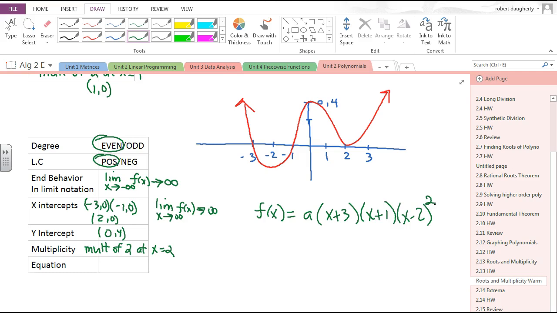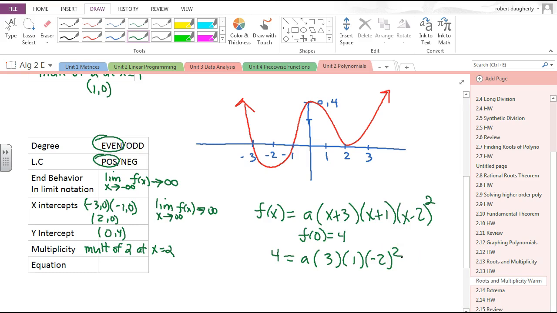Use the y-intercept. f of 0 is equal to 4. So that means that 4 has to equal a times 3 times 1 times negative 2 squared. So that is 4 times 3, that's 12.